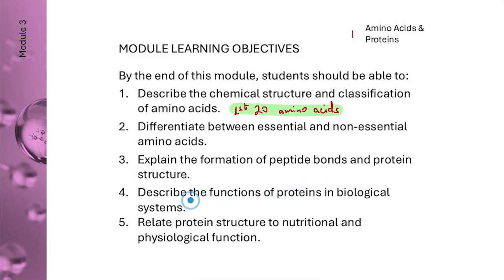We'll also be looking at the functions of proteins in biological systems. Then, more importantly, one of the learning objectives of this course is to relate the protein structure to nutritional and physiological functions.